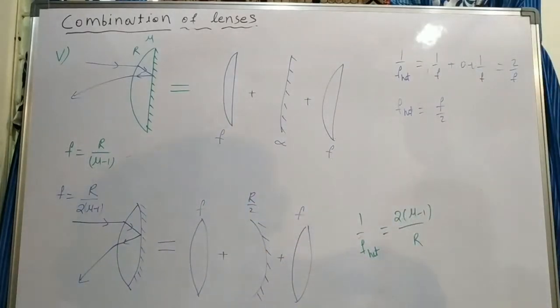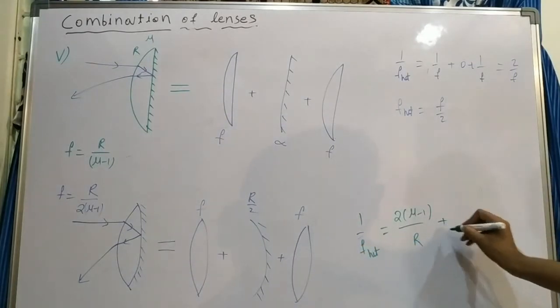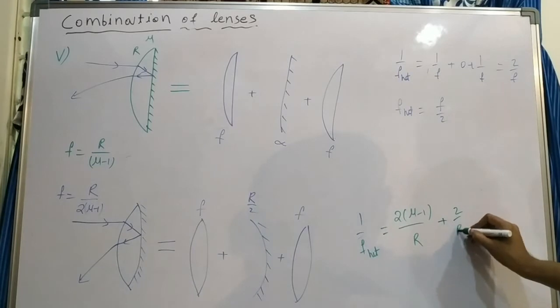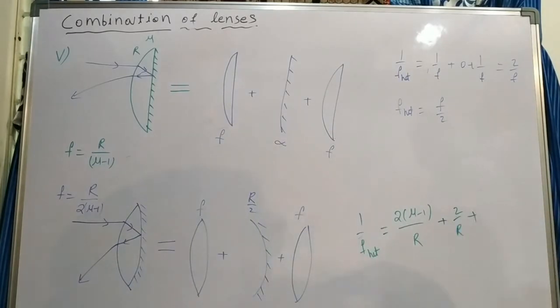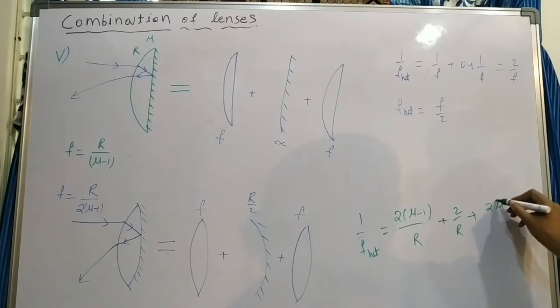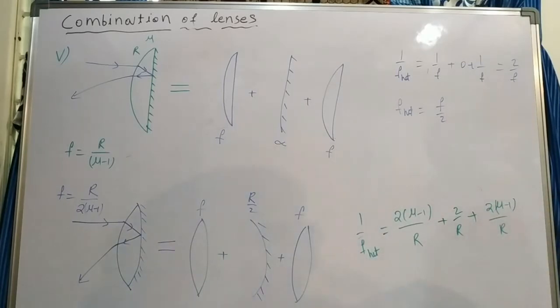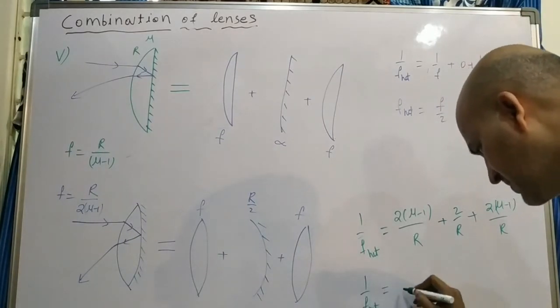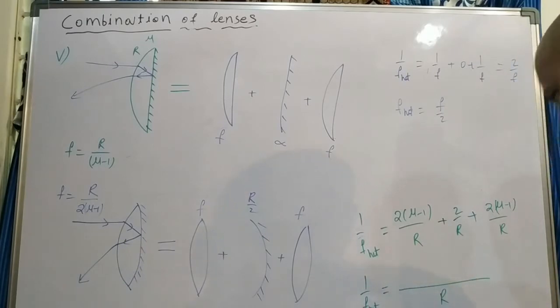Then the mirror, 1 by f2, is 2 by R. Finally for the lens again, the same as before, 2 into mu minus 1 by R. So add the numerators, and the denominator is the same for all. F net is equal to R in the denominator.